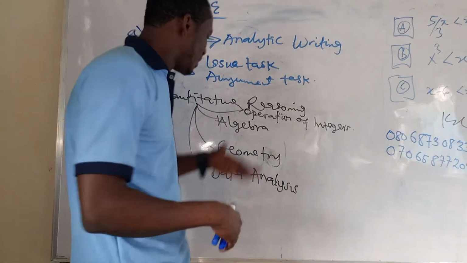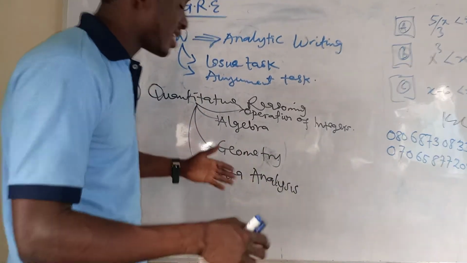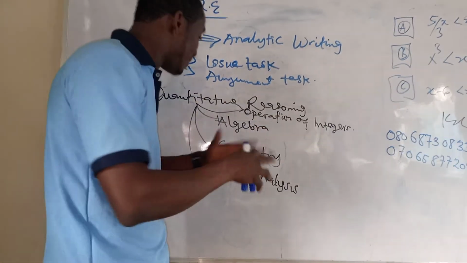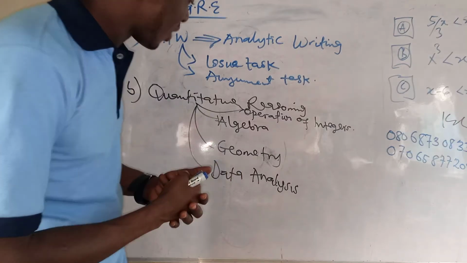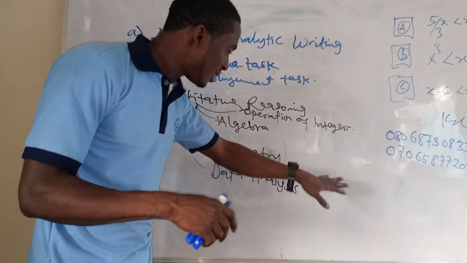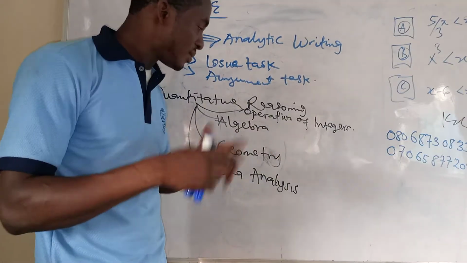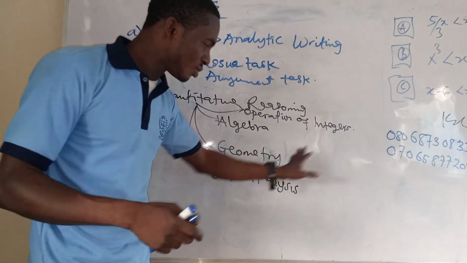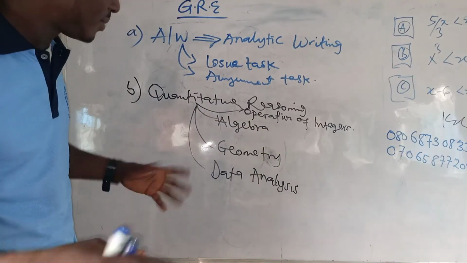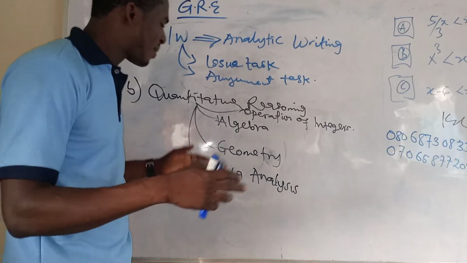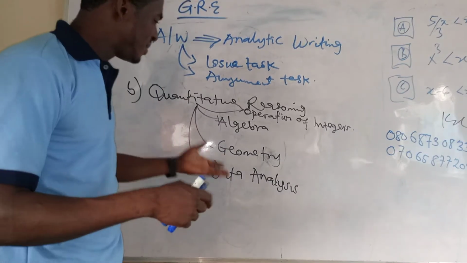Under geometry, we talk about shapes, the triangle, polygons, and the rest. We talk about shapes and calculation of perimeter and area, and also whatever has to do with geometrical analysis in mathematics. Now under data analysis, we'll be talking about probability, and data presentation such as mean, median, and mode.